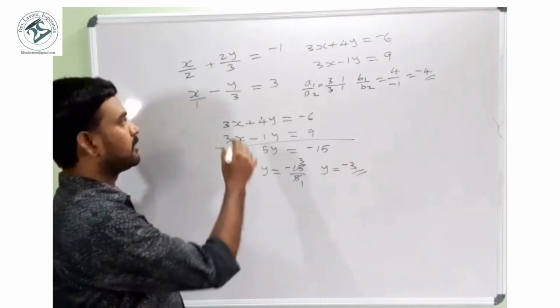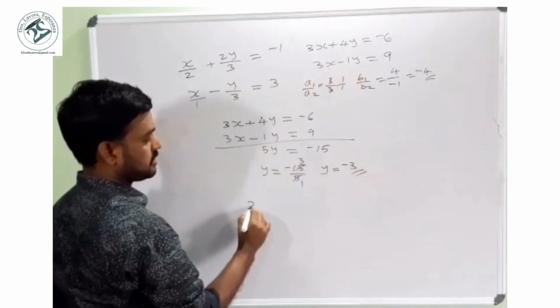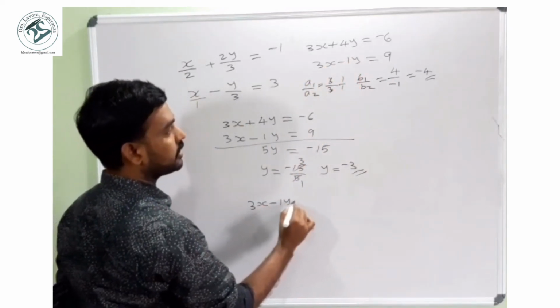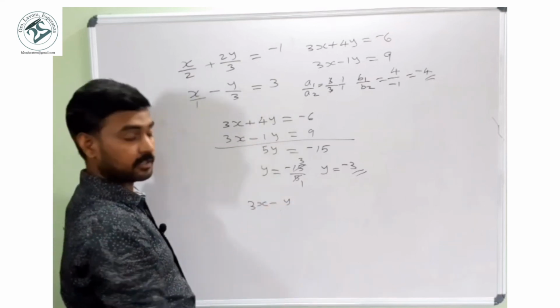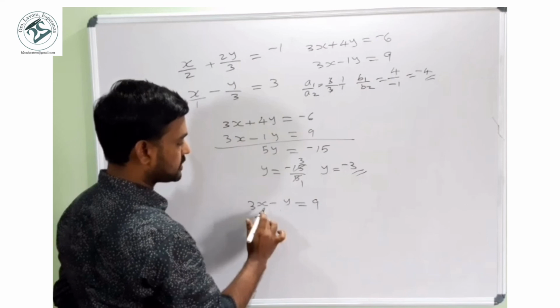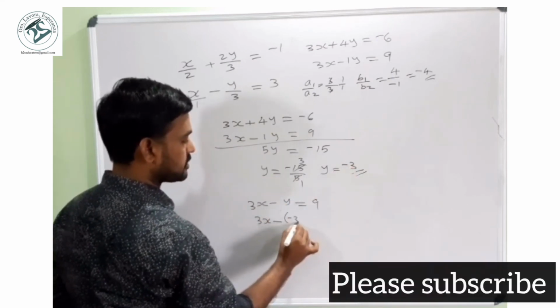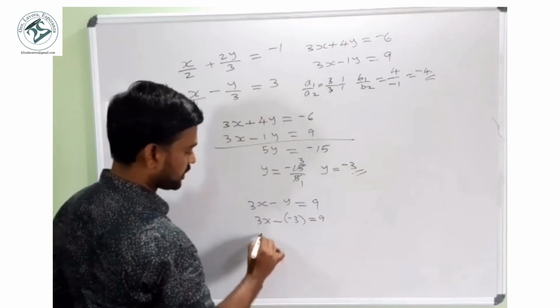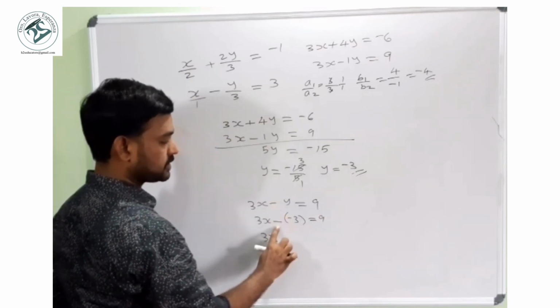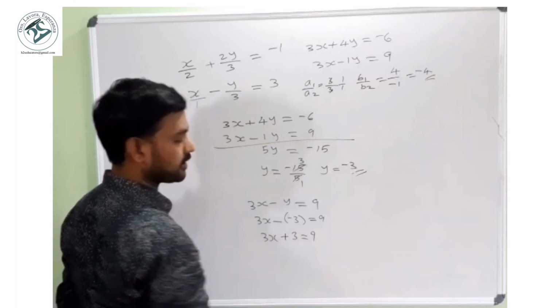Now as we did previously, one of the simple equations can be considered. Here 3x minus 1y, 1y means no need to write the 1, which is equal to 9. So 3x minus, instead of this y, we can put this answer, minus 3, is equal to 9. 3x, here already a subtraction symbol is there, this minus also there, so it will become plus 3, which is equal to 9.